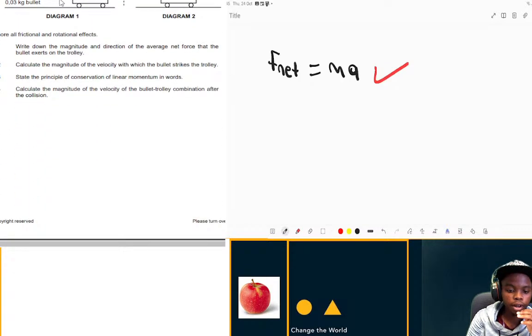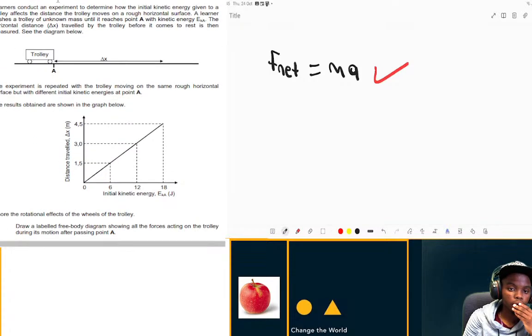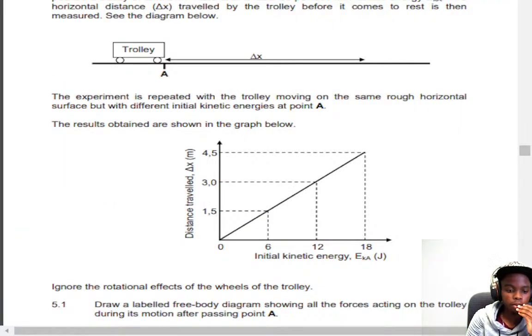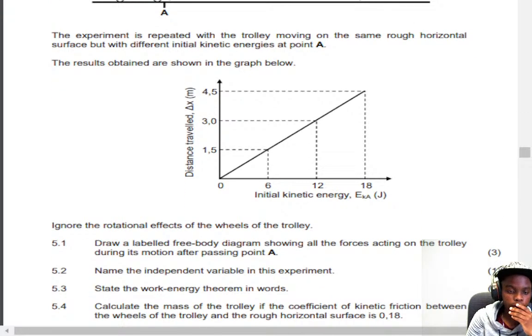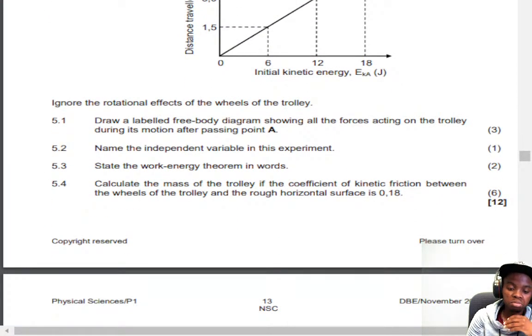You go to question 5. In question 5.1, you draw a labelled diagram. In 5.4, you write the work-energy formula.